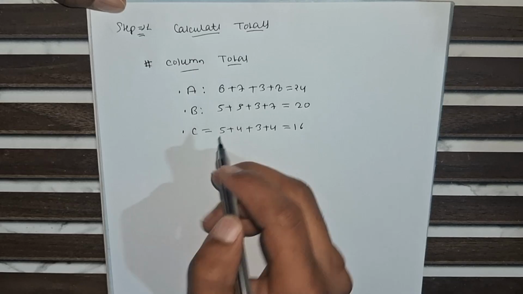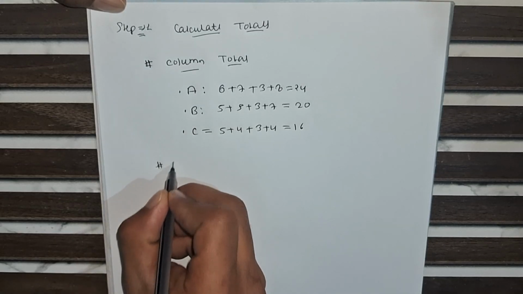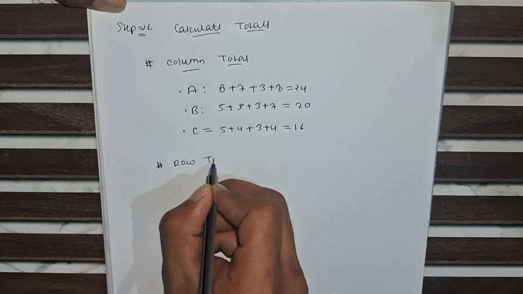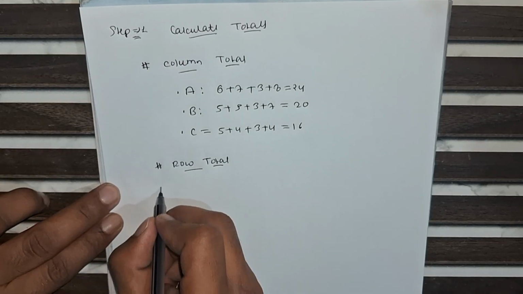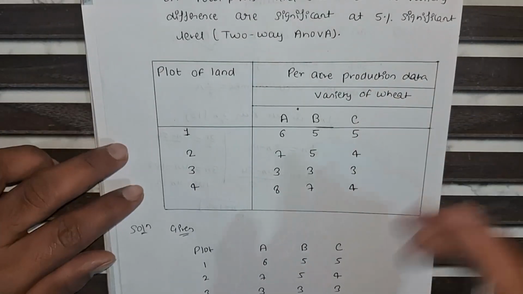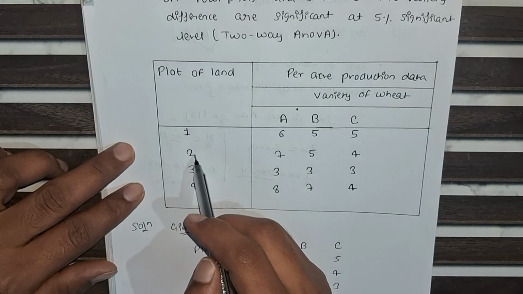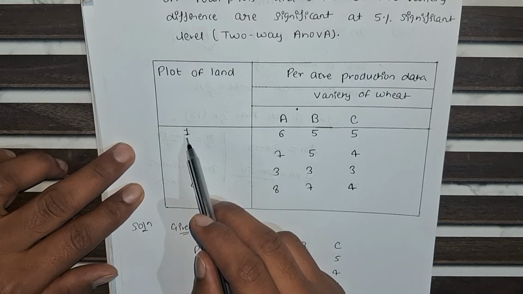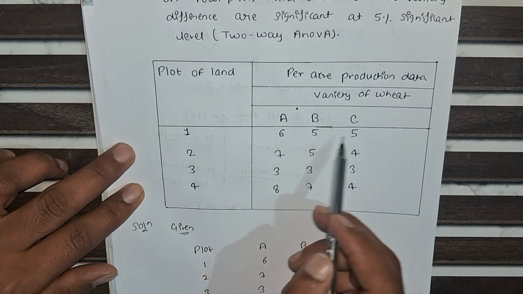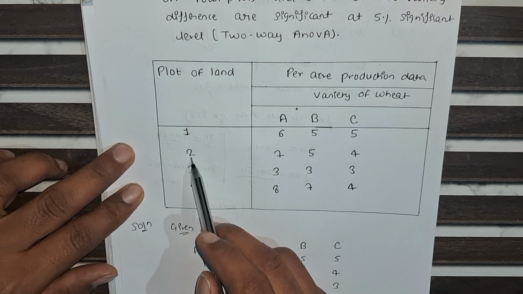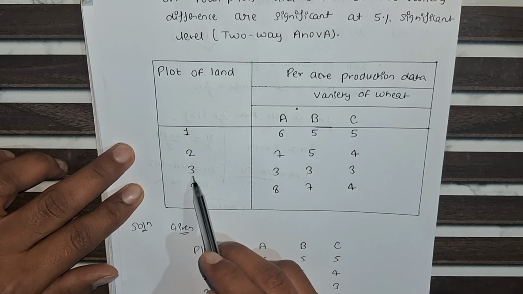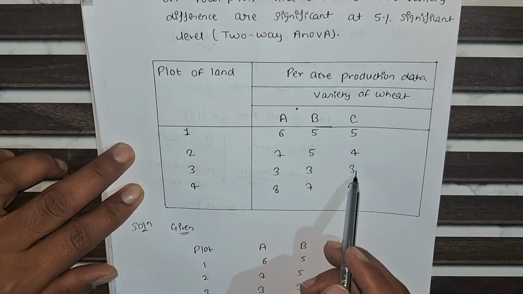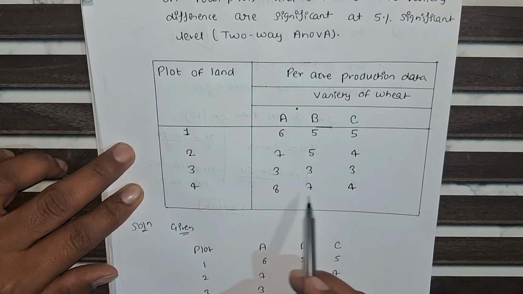Now move to our row totals. The second one is row total. For row totals, plot 1, plot 2, plot 3 and plot 4. For plot 1, we add 6 plus 5 plus 5. For plot 2, 7 plus 5 plus 4. For plot 3, 3 plus 3 plus 3. And for plot 4, 8 plus 7 plus 4.